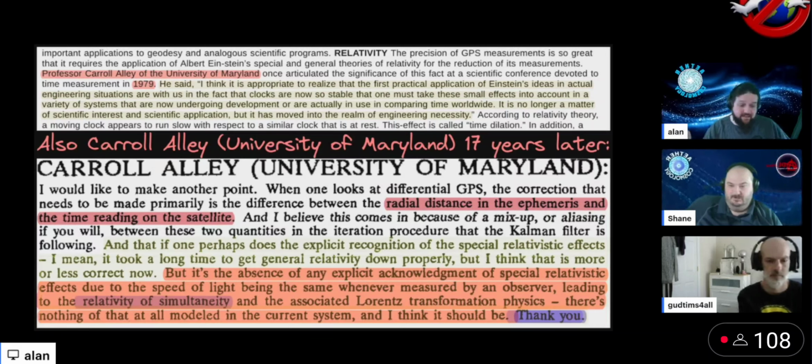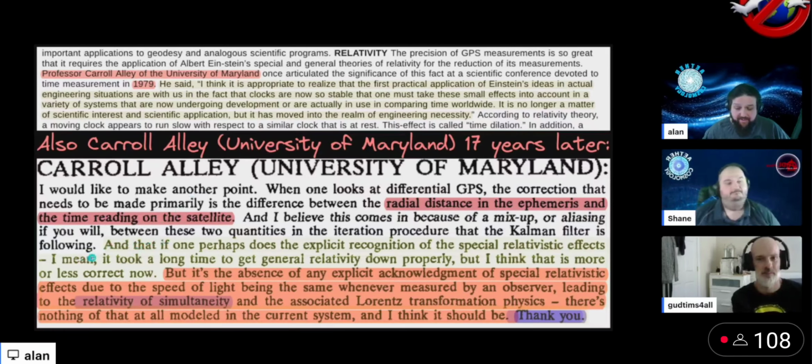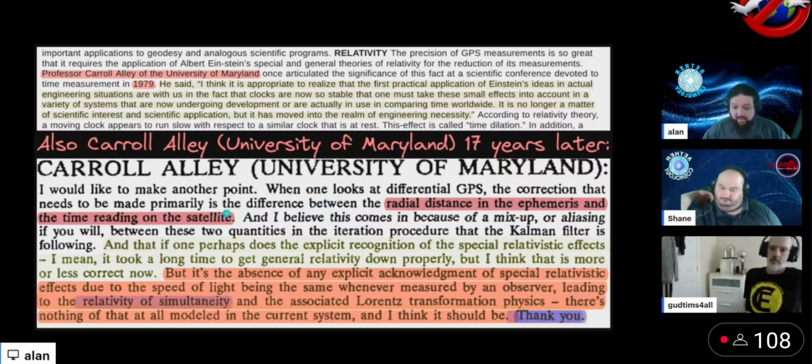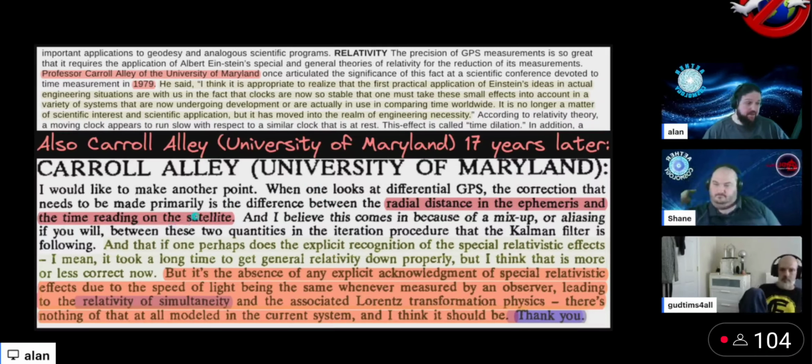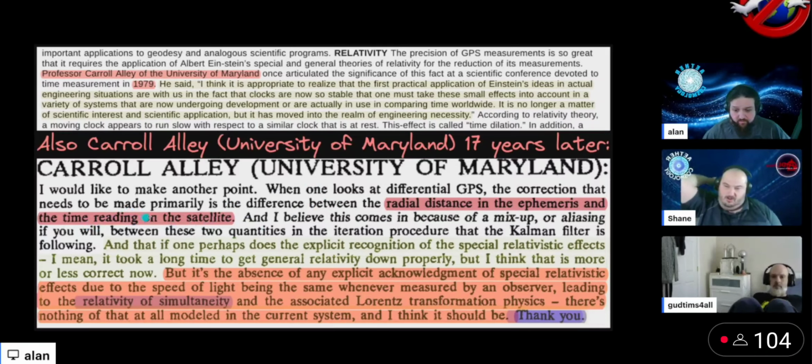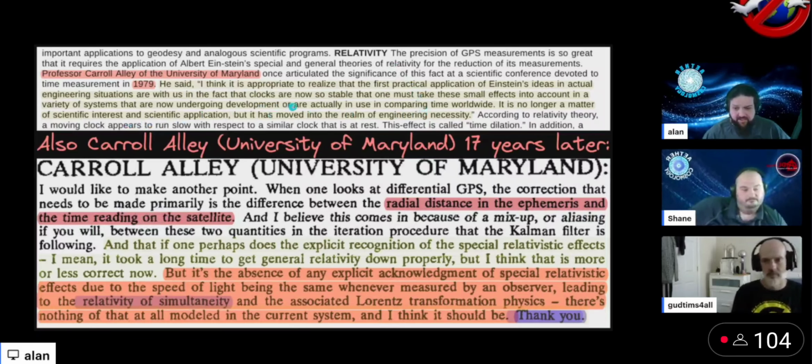And he's like, look, guys, even if we did implement it, tomato, tomato, right? We'll figure it out. And this guy, Carol Alley, is saying, hey, we've been working on trying to narrow down these corrections that we're calling general relativity. And it seems to make it more accurate, but it's not implemented in the system yet. Like, what are we doing here? And remember, this is 17 years later from where it's now a necessity in the realm of engineering.